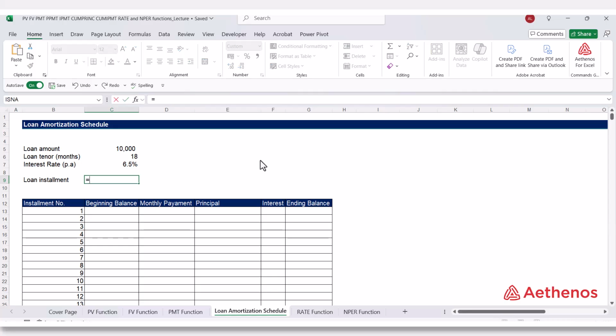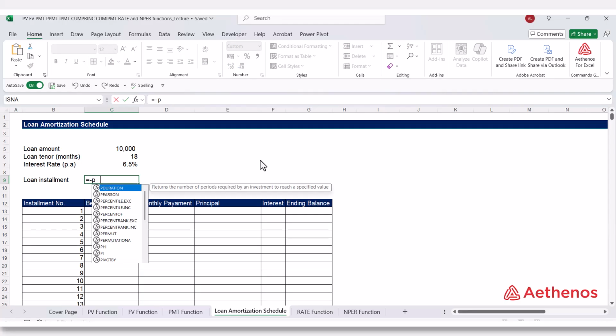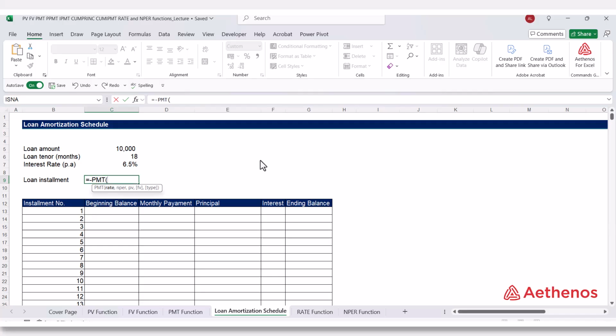So equals, we put a minus PMT, and then the rate is 6.5% divided by 12, and the number of payments is 18, and the present value is the loan amount 10,000, and the future value we are not going to have anything, it's going to be 0, and then the type, it's end of the period, so 0.